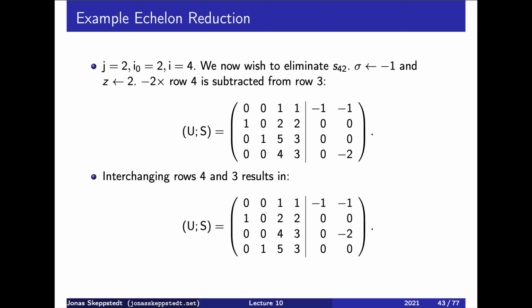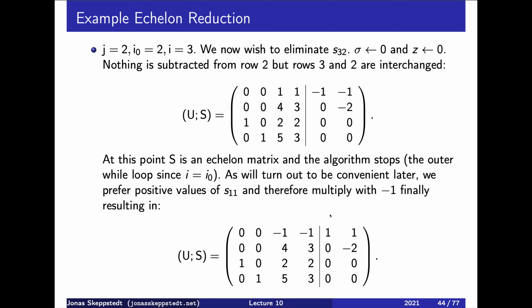At this point we cannot have the zero row there. It must be interchanged, and now we have this. And then we can stop, and now we can use the S to determine if there is an integer solution to this equation. And if there is, we are then interested in whether this integer solution is within the loop bounds.